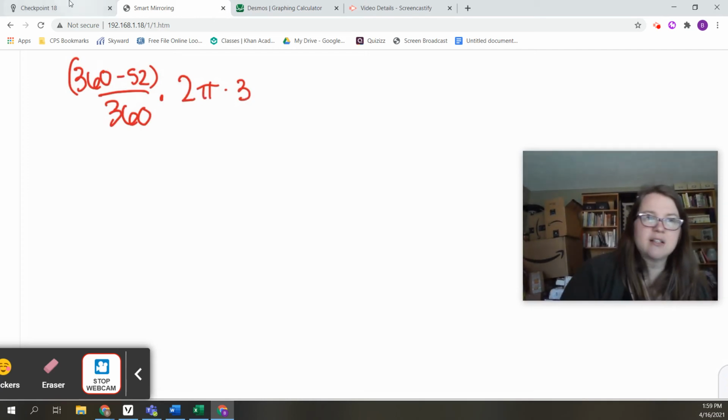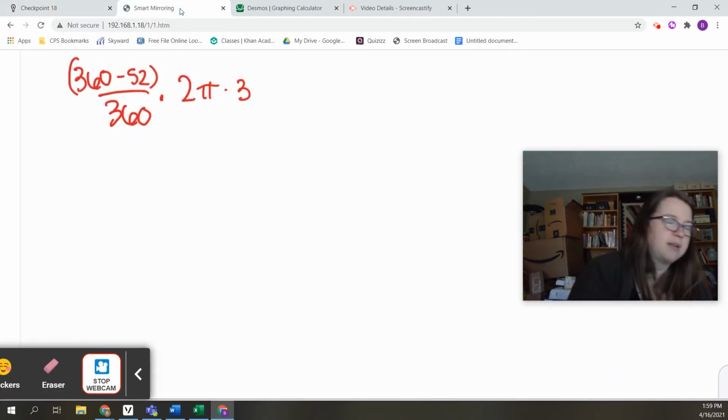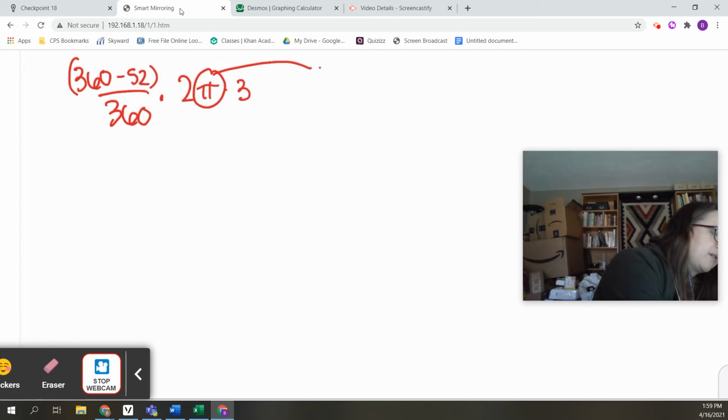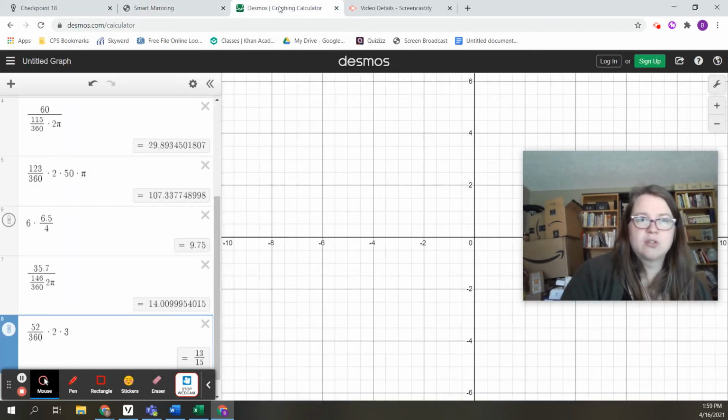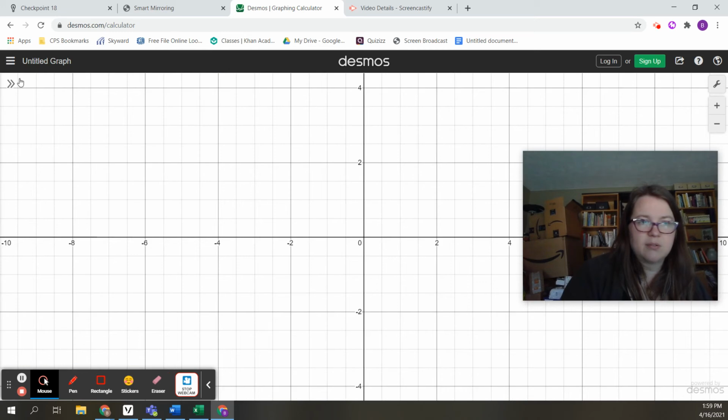And if you look at these answers, they all have pi in them. So that means I'm going to take this pi and I'm going to put it in my pocket and figure that out later. So you'll see I actually did this problem earlier and made a mistake on it. So let me hurry and clear this out.